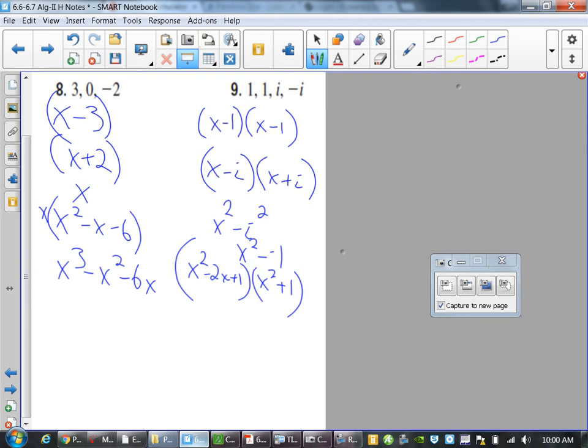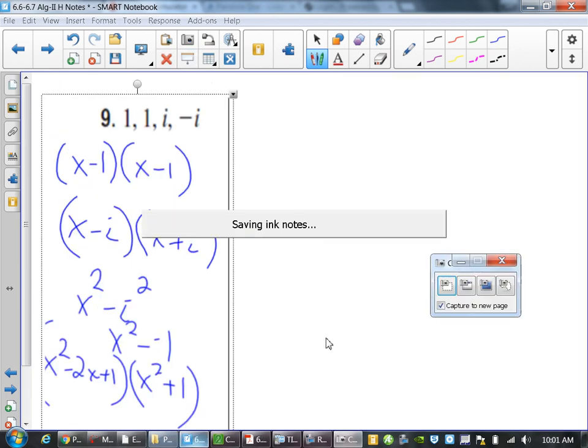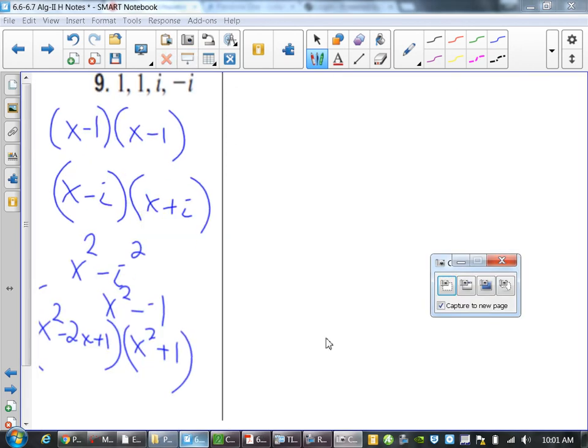And you'd have to multiply those 2 terms together then. I just foiled that. I'm just cleaning this so you can see where I'm going here. What I did here, I got this as x squared minus 2x plus 1. I foiled this out, got x squared plus 1.